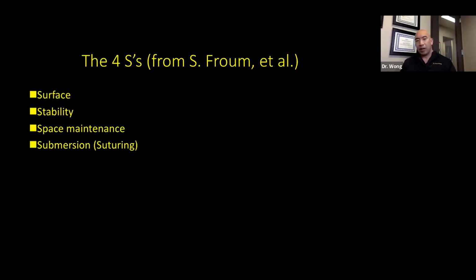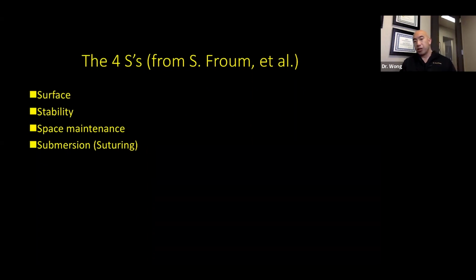Your graft material has to be stable, and you have to maintain the space. So stable means you should be able to move their lip and cheeks all around, and that graft stays put. The space needs to be maintained, meaning we can't have a flipper partial pushing on the graft and expecting us to grow bone.